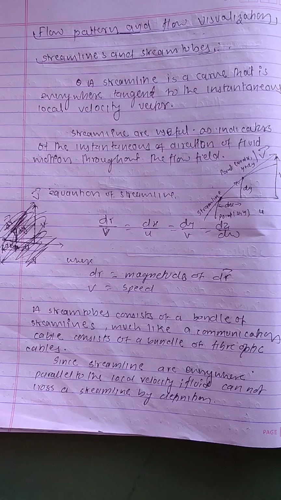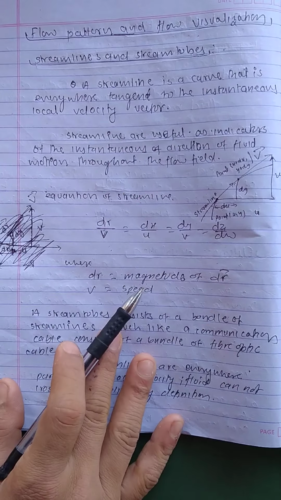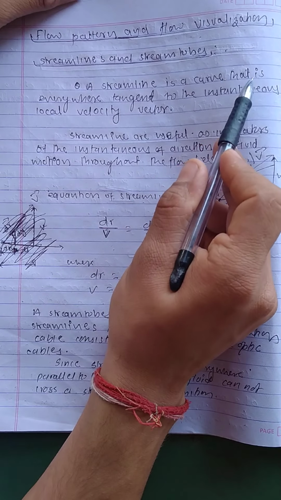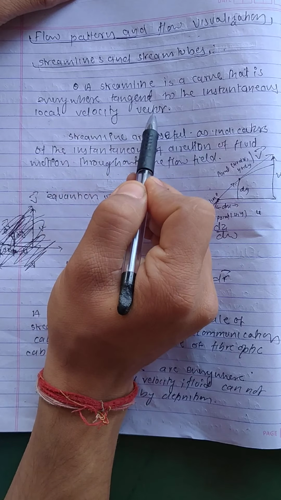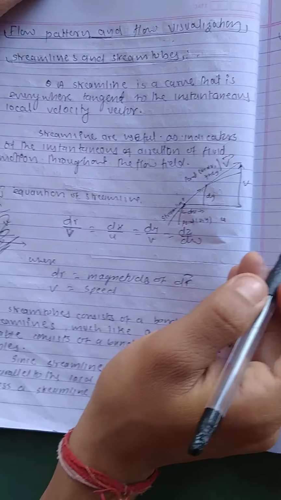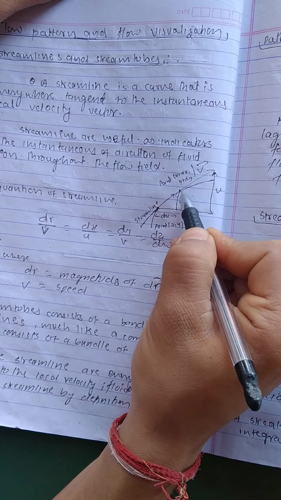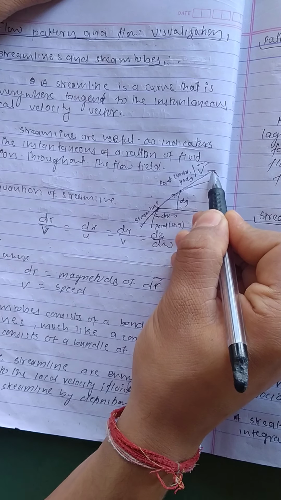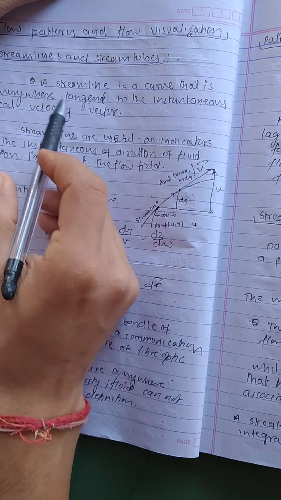So now, what is streamline? A streamline is a curve that is everywhere tangent to the instantaneous local velocity vector. Here I am showing you this is a streamline, which is tangent to the local velocity, so it is called a streamline.